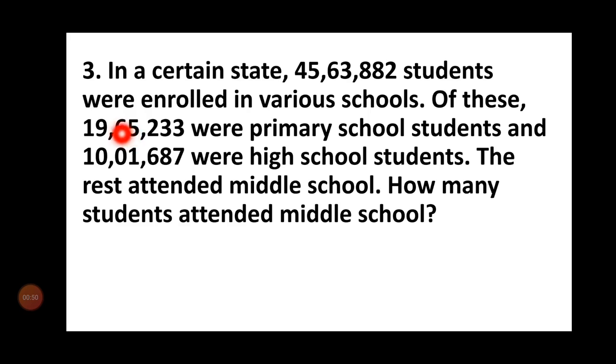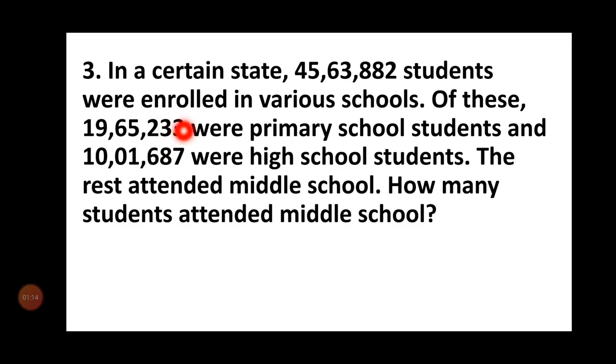We know the primary school strength, the high school strength, and the total strength. From that, we want to find the rest of the students, who are in middle school. What we have to do here: first, add the number of primary school students and high school students.